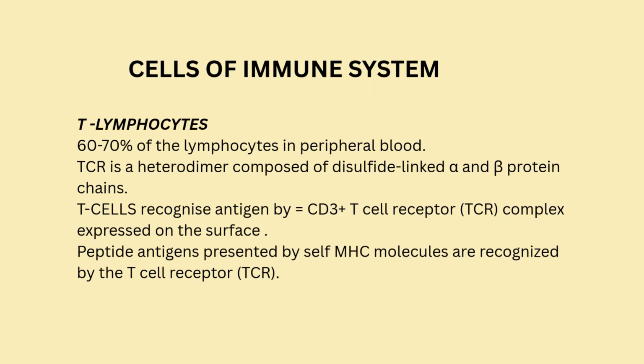Now let's begin with the cells of the immune system. First we'll talk about T lymphocytes, which comprise 60 to 70% of lymphocytes in peripheral blood. They are heterodimers composed of disulfide linked alpha and beta protein chains. They have the CD3 plus T cell receptor complex expressed on their surface, which recognizes the antigen.